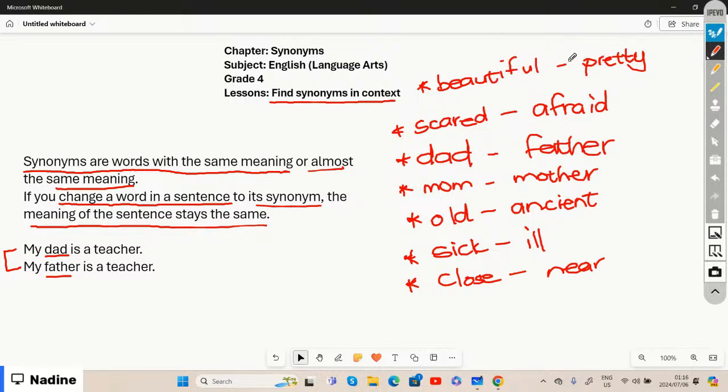If within a sentence I change beautiful to pretty, the meaning of that sentence will stay the same. I said this is a beautiful dress, or this is a pretty dress. It still puts emphasis on how nice or beautiful or pretty the dress looks, right?